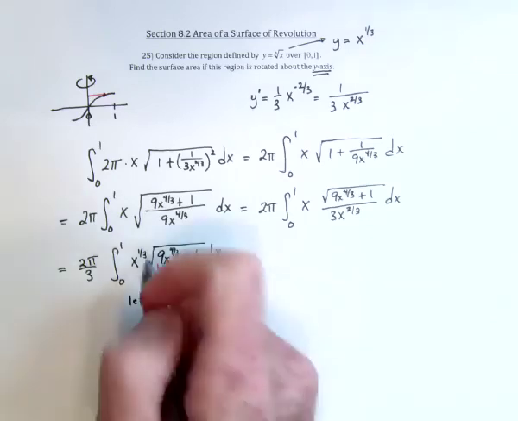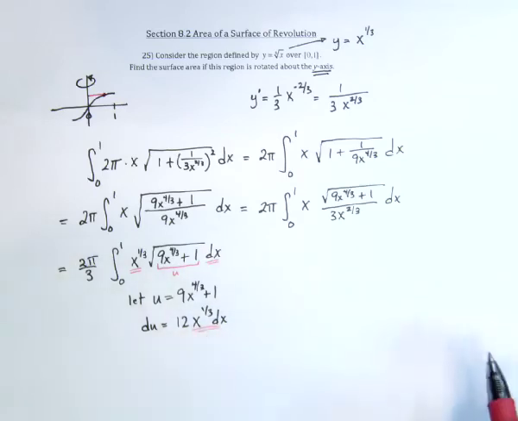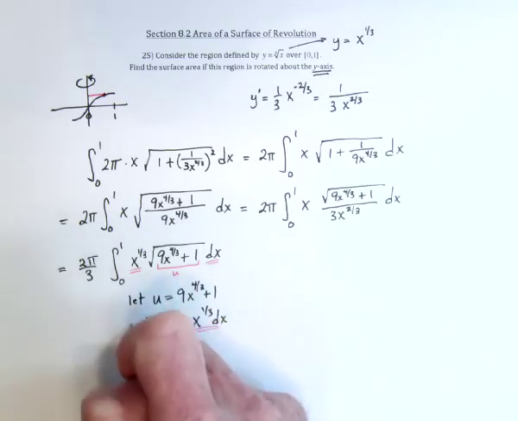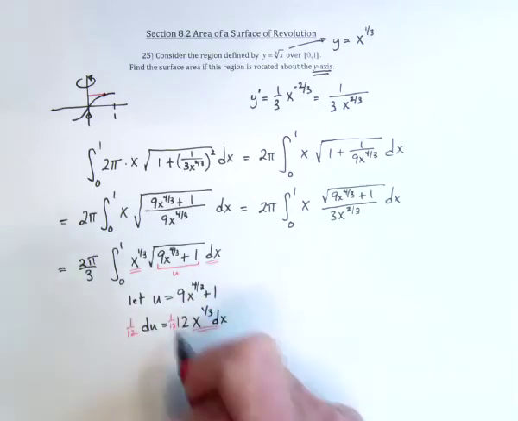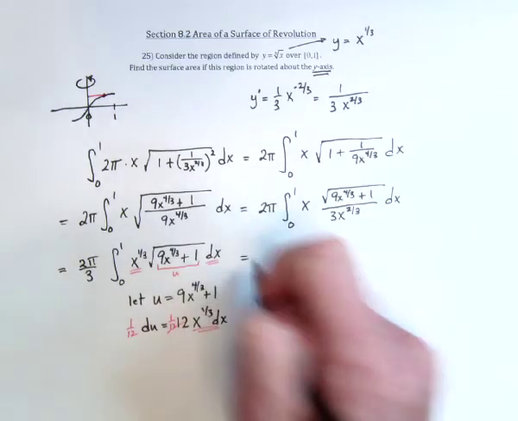So our problem has x to the 1/3 dx. Our u substitution says you need exactly that. This 12, though, we'll have to multiply both sides by 1/12 to cancel that. And then it's ready for the u substitution.